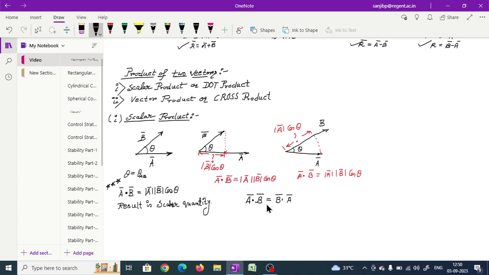Okay, so this is the formula for the dot product. Another formula I would like to share with you.